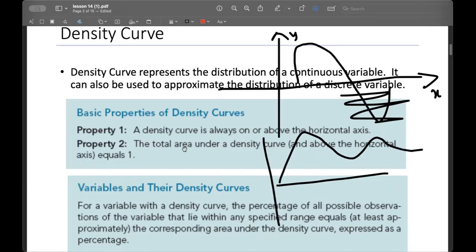And also the total area under a density curve, which is above the horizontal axis, should always equal 1.